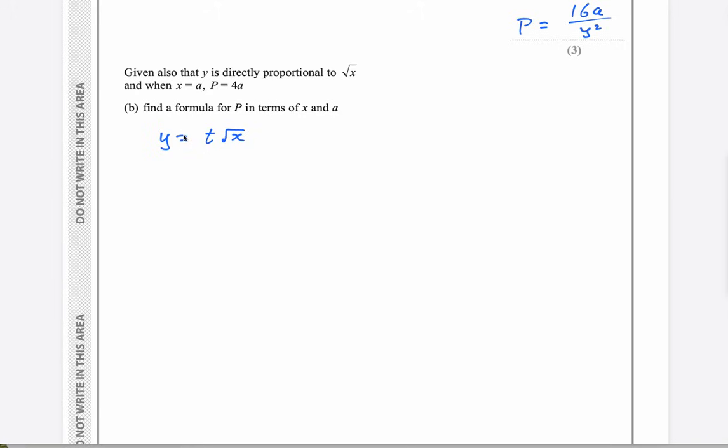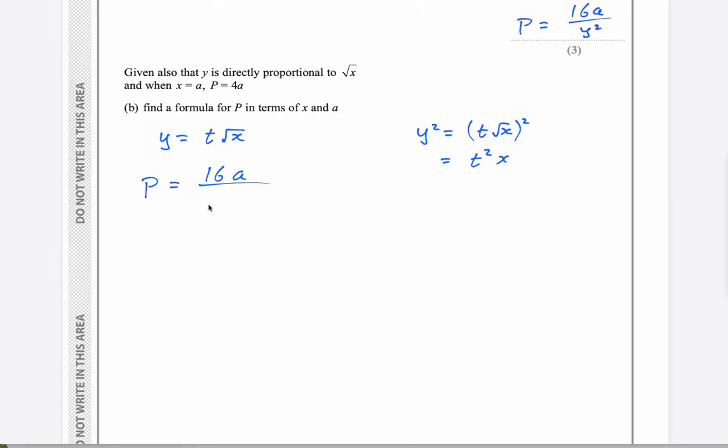Now he says x is A when P is 4A. So if y is equal to T root x, I am going to put this into this formula. So we're going to get P is equal to 16A over y squared. Now, y squared is T root x squared, which is T squared x, because we square the T and we square the root x, which gives me x.